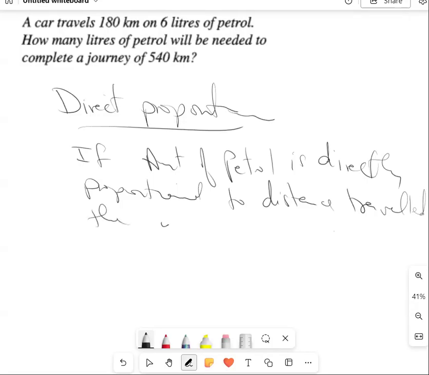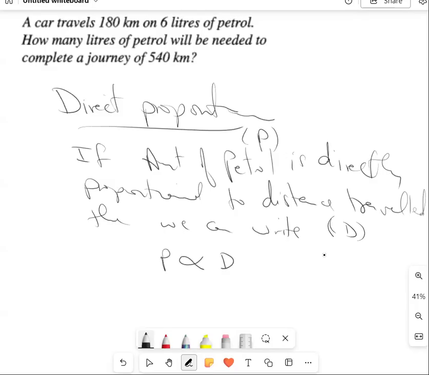Then let me use amount of petrol being P, and distance traveled being D. We can use L too for petrol, no problem, because we're dealing with vehicles. This is how you write it in algebra. P is directly proportional to D, right?